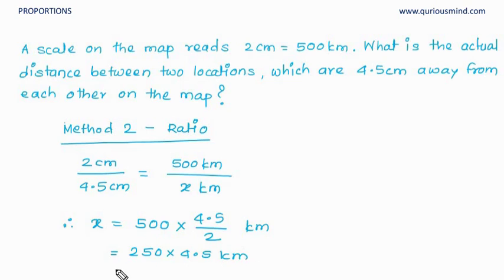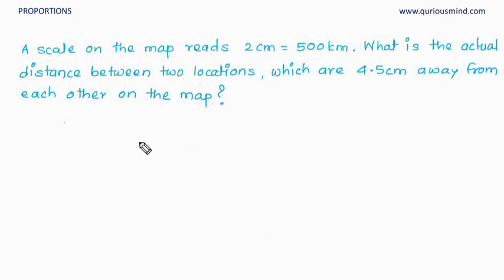And that's exactly what we got earlier, if you remember, which is 1125 kilometers. So here what we did, we found the ratio of the distance on the map. So this is the ratio of distance on the map, and this is the ratio of distance in the actual scenario. And these two are in proportion, so they are going to be equal. And then we solve this equation. This is method 2.